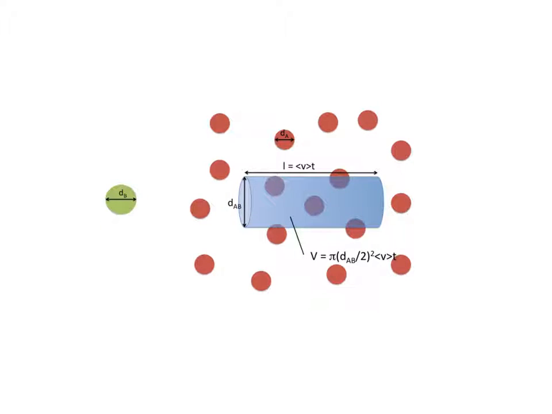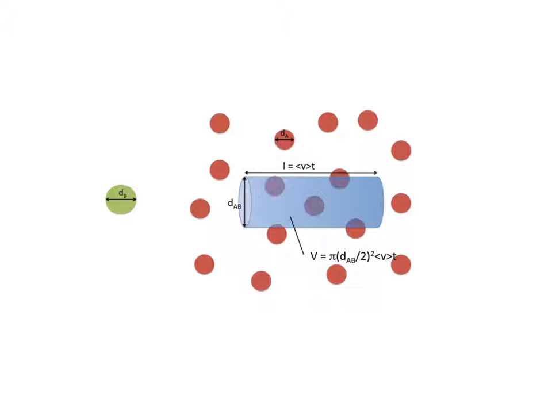To do that, we're going to do a thought experiment and think about having this cylinder in our solution of A molecules, and the diameter of this cylinder is going to be equal to the diameter of the B molecule plus the diameter of the A molecule.